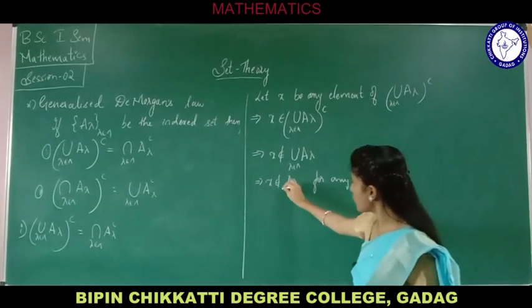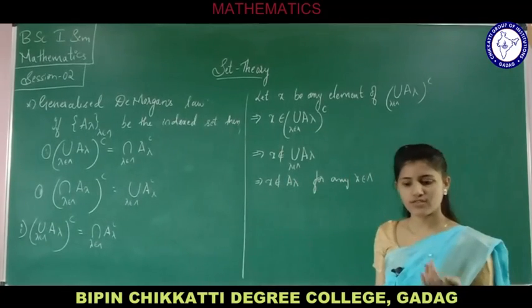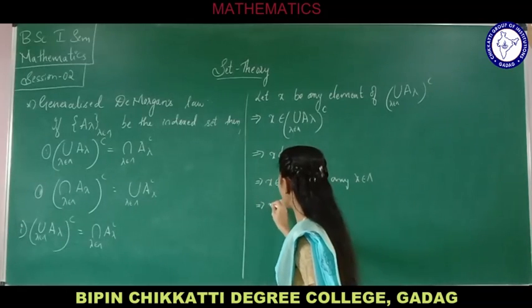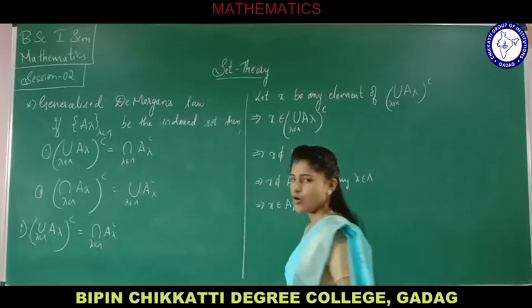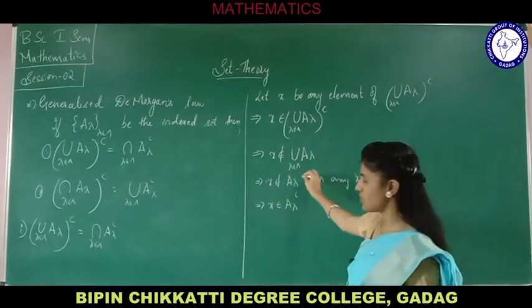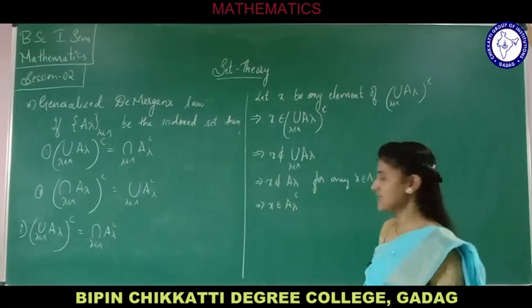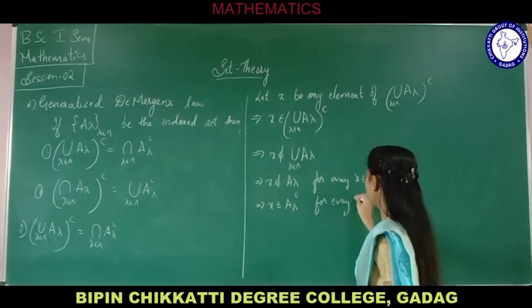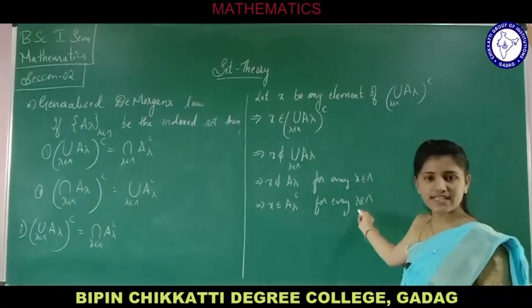So if it does not belong to this, then obviously x should belong to its complement. Then we write that it belongs to A lambda complement. If it does not belong to A lambda, it belongs to its complement for every lambda belonging to the indexed set.